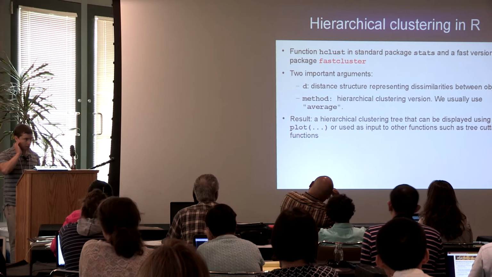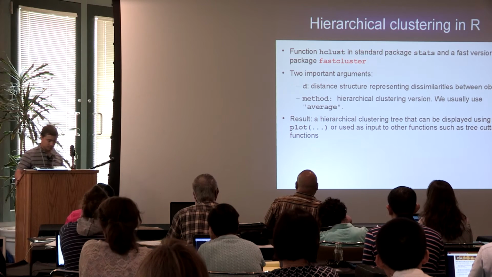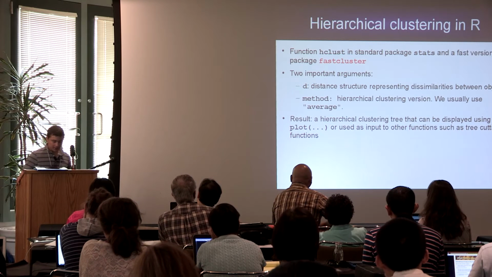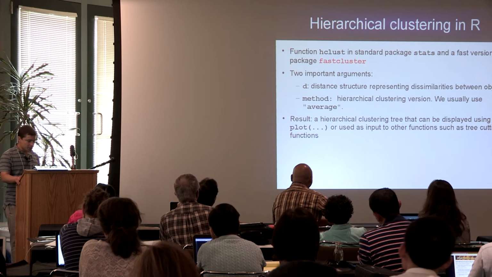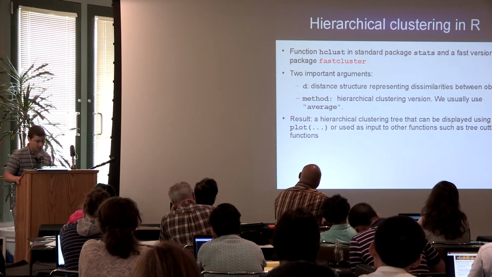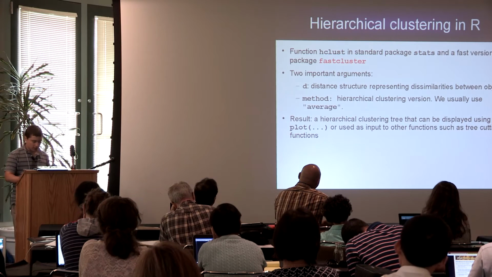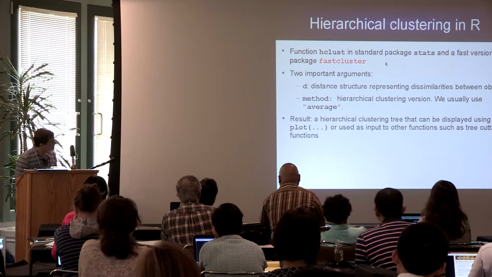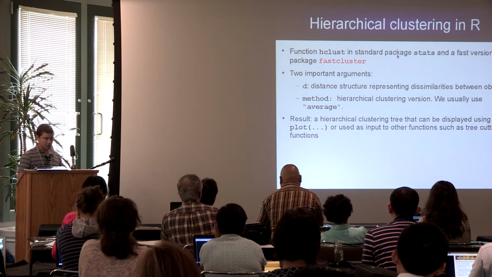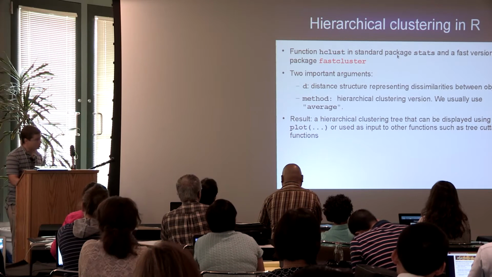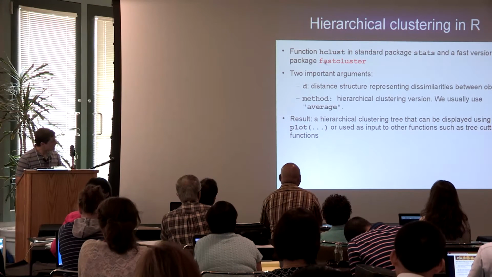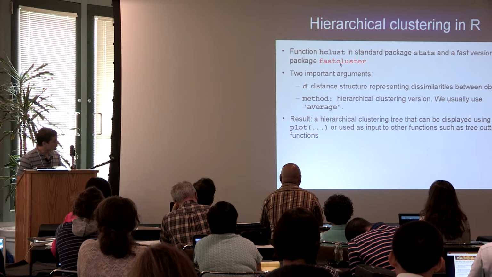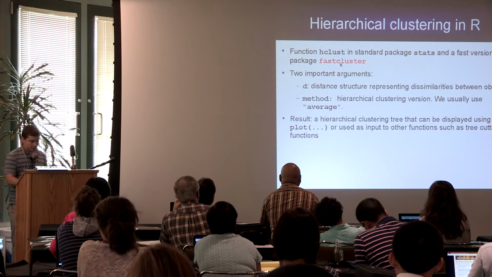If you're using R, which is what we use and what our tutorials will be in, hierarchical clustering is implemented in the function hclust, and there are several versions of the function. In the standard package stats, there's an hclust which works reasonably well, but if you have a really large data set or you want the function to really run fast, you should load the package fastcluster and use the hclust function from that package, which is what I use.